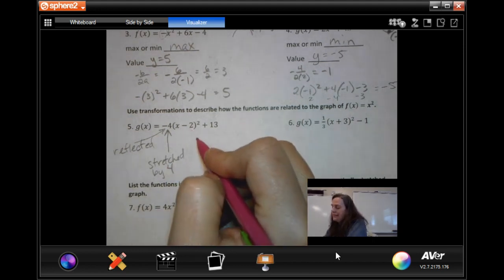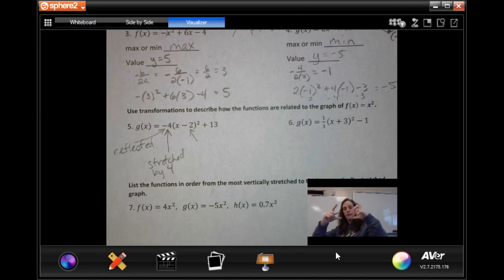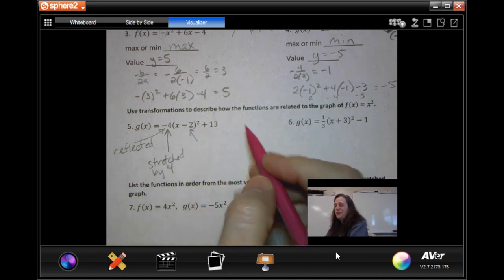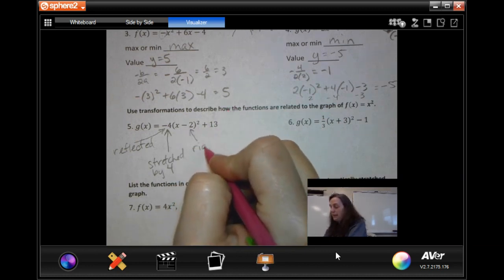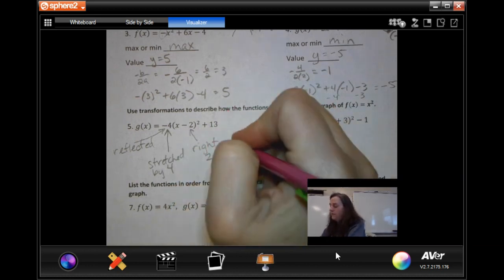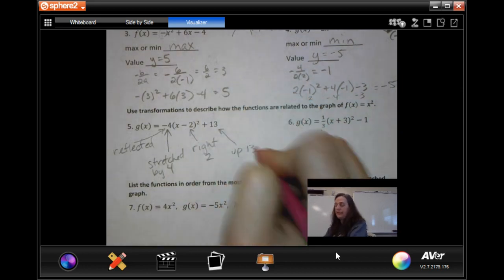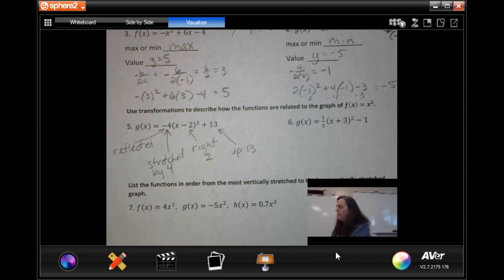The number inside the function, so it's inside the parentheses with the x, moves it left or right, opposite the sign. Negative 2 sounds like it would go left, opposite goes to the right 2. And this says up 13. That goes with the sign.